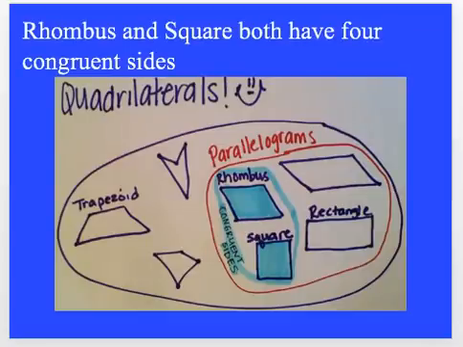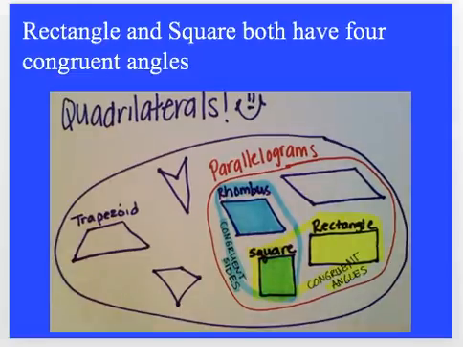Then also I could say, within the parallelograms, there are two figures that have congruent sides, or sides that are all the same. Squares have all the same side lengths, and rhombuses have all the same side lengths. So they are classified together. And I could do the same with angles, because remember, we think about sides and angles.